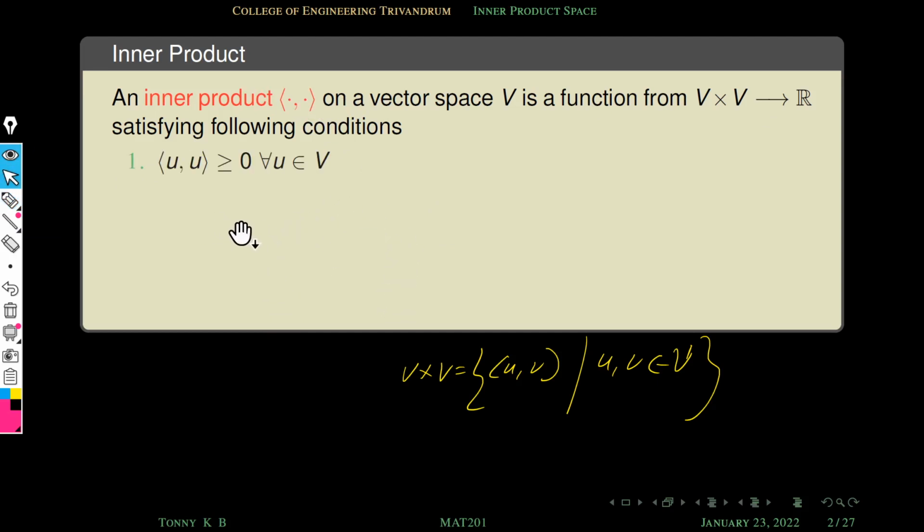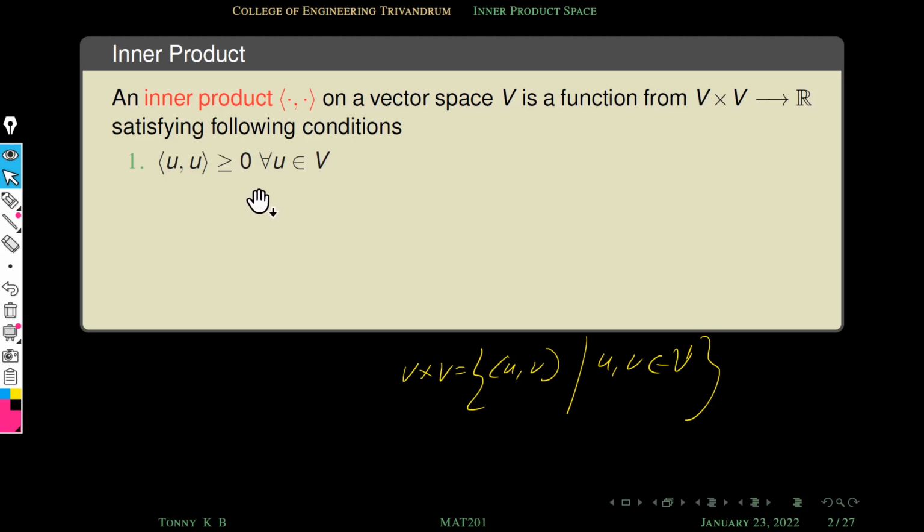The first condition is that the inner product of (u, u) is greater than or equal to 0 for all u belonging to V. That means we choose a particular vector u from capital V, and the inner product between u and u should be greater than or equal to 0.